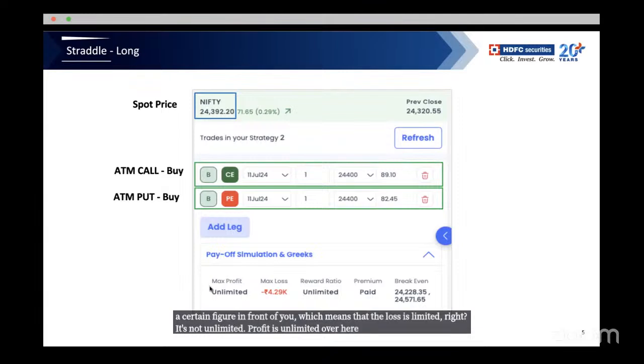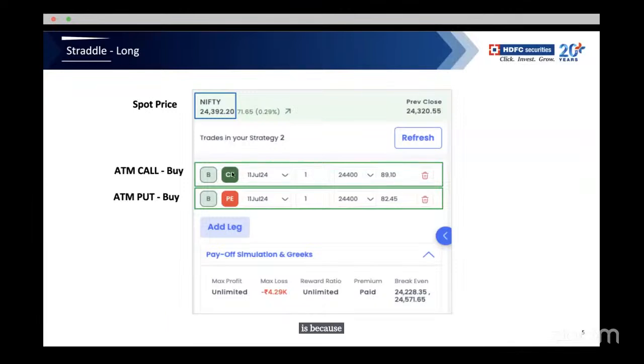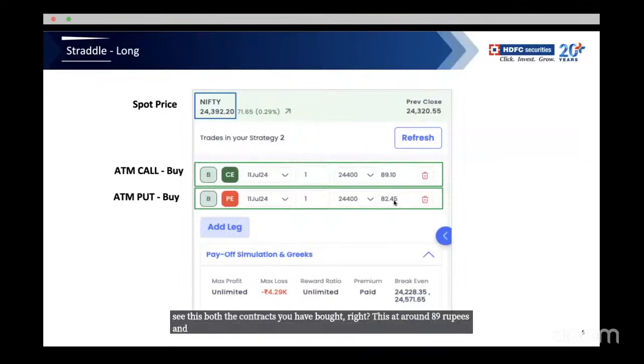Now why profit is unlimited and loss is limited is because, see, both the contracts you have bought, right? This at around 89 rupees and this at around 82 rupees.